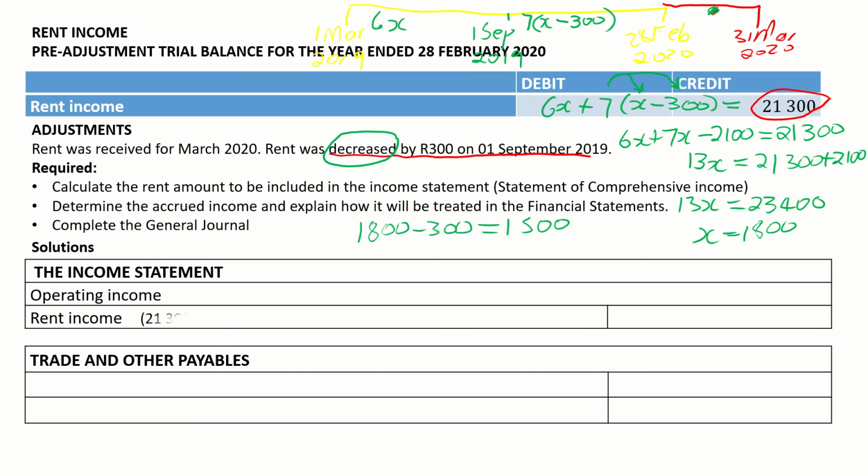In the income statement, I'm going to take rent income of 21,300 and minus 1,500. It will give me rent income of 19,800. That 1,500 will be recorded in trade and other payables as income received in advance or deferred income, and the amount will be 1,500.